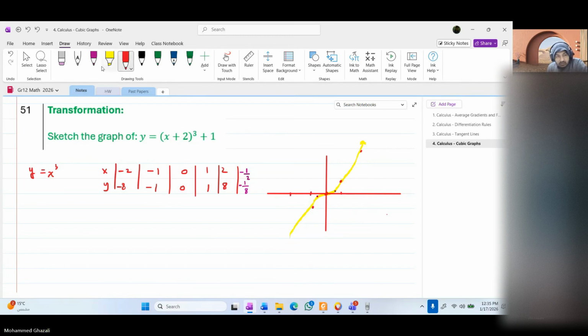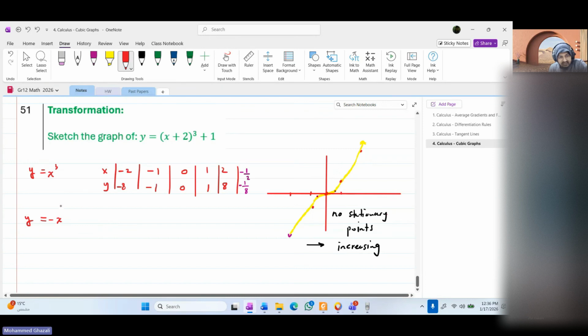So this is a graph with no stationary points. And why are there no stationary points? Because it's always increasing. You can see this graph is only increasing.